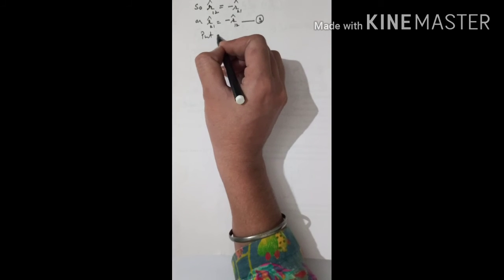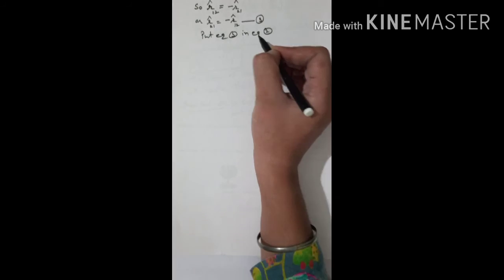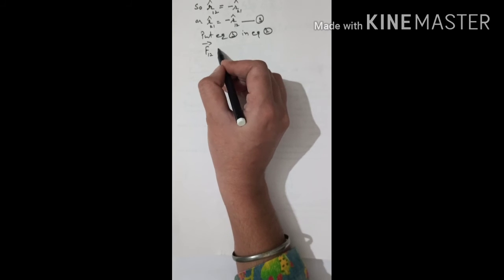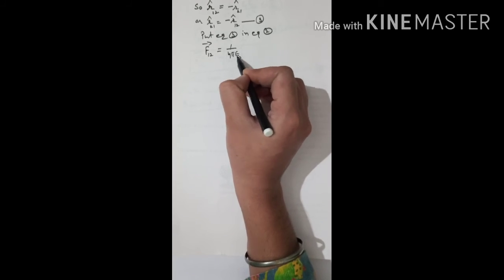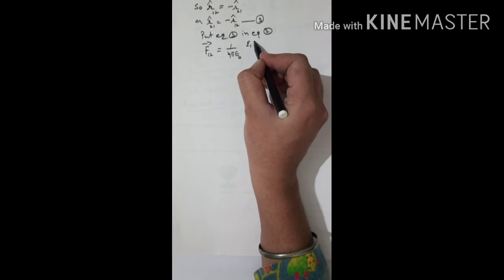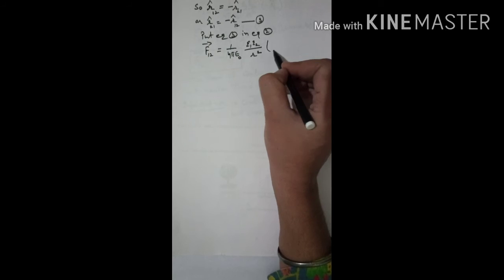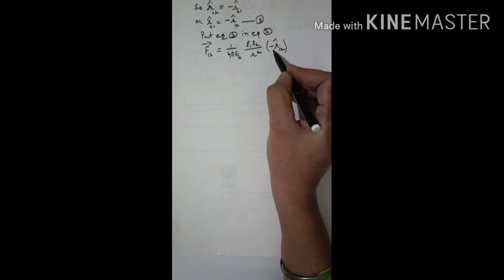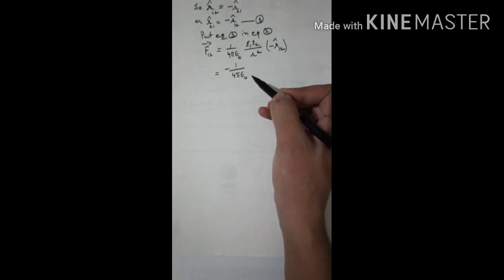Put equation number 3 in equation number 2. We get the F12 vector equal to 1 by 4 pi epsilon naught Q1 Q2 by r square, times minus r12 cap. It is the value of r21 cap for the F12 force.